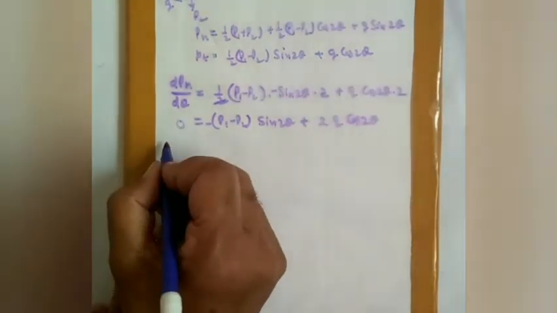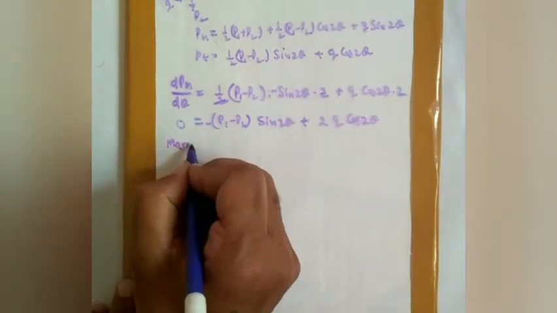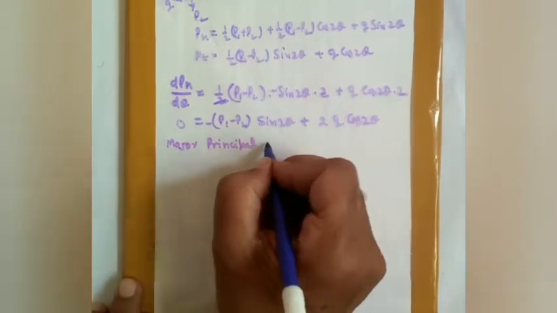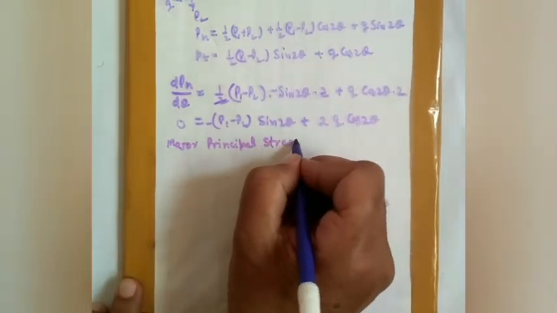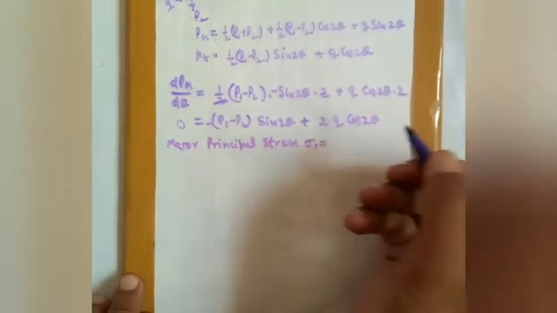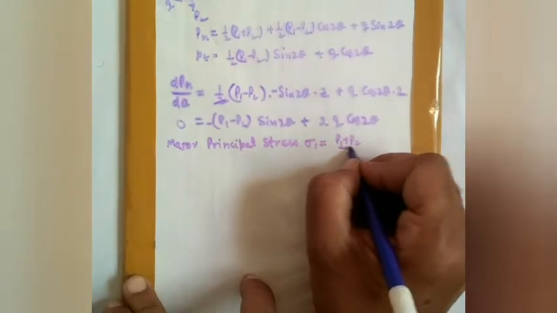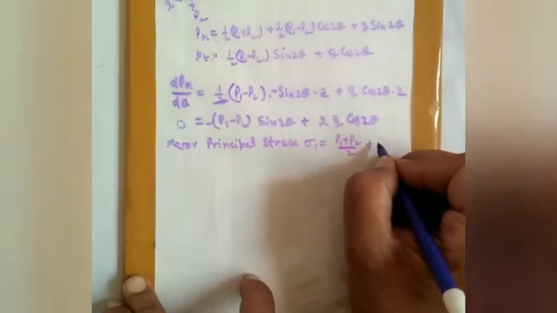So we have obtained the major principal stress sigma 1 is equal to (P1 plus P2) by 2 plus r.